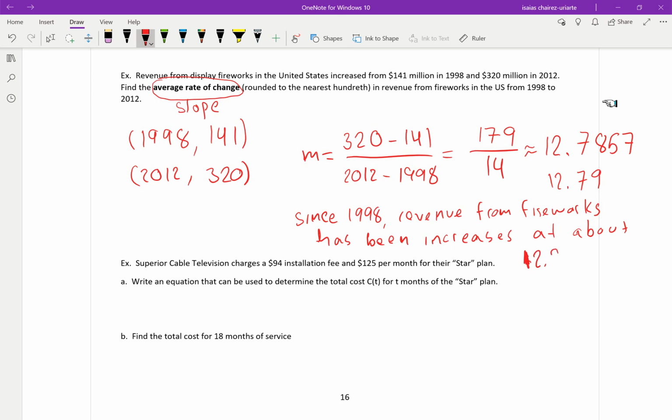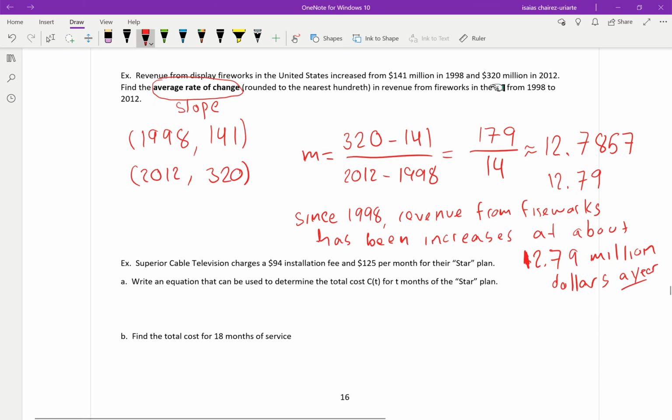So 12.79 million dollars a year. That's what the average rate of change is kind of telling me. Okay, so hopefully we agree on this problem.